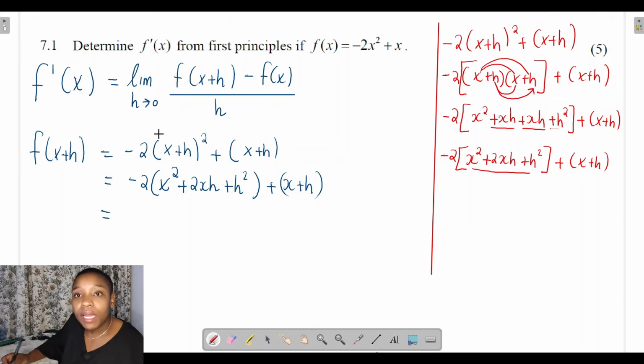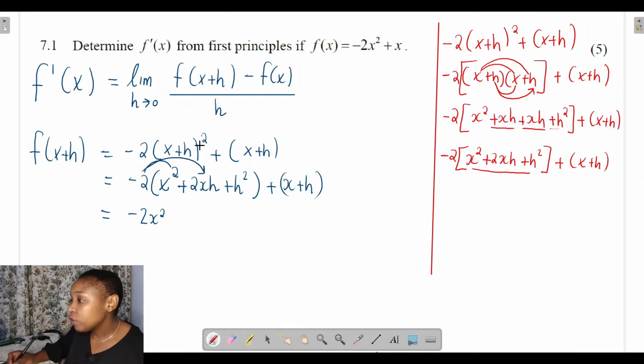From here, we can now multiply this minus 2 in, right? So it's minus 2 multiplied by x squared. It's going to be minus 2x squared, minus 2 multiplied by positive 2xh is going to be minus 4xh, and then minus 2 multiplied by positive h squared is going to be minus 2h squared, right?